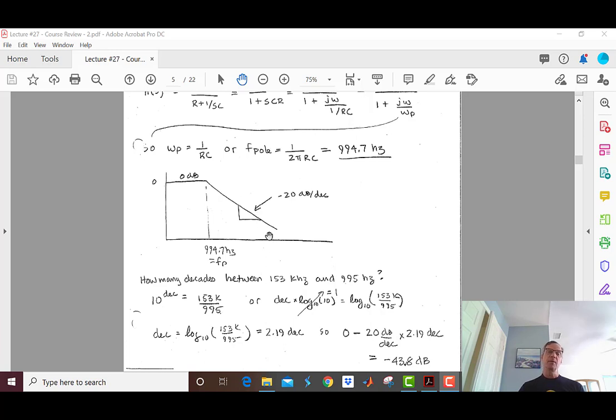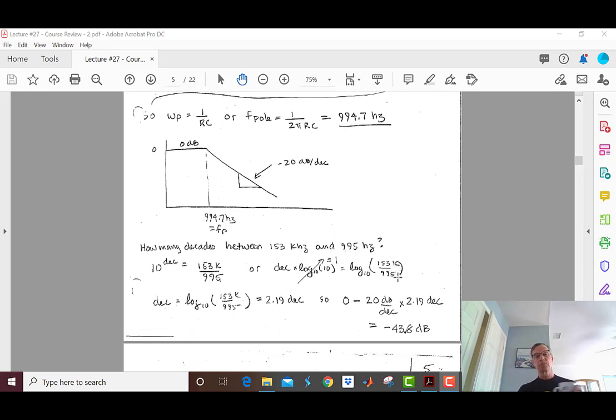So to get the frequency response at 153 kilohertz, I'm going to start at 0, and then I'm going to go down 20 dB per decade times 2.19 decades. Here's the equation. 0 minus 20 dB per decade times 2.19 decades is minus 43.8 dB. So now I know what that rejection is.